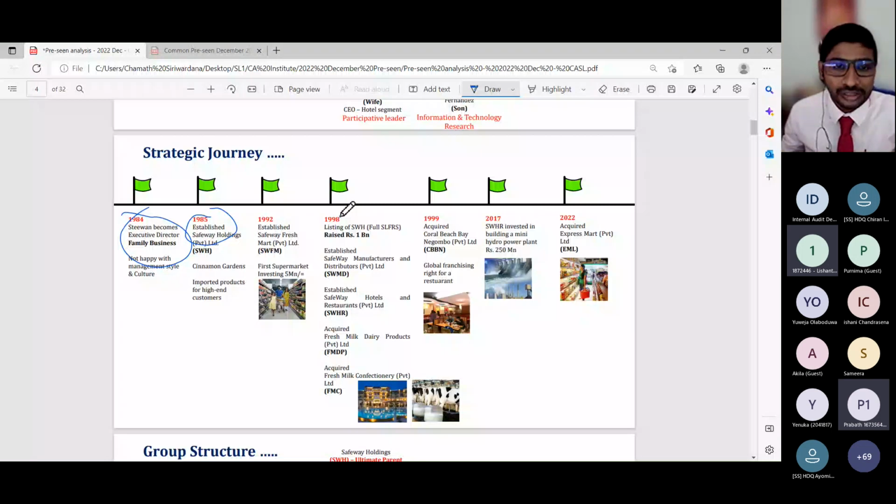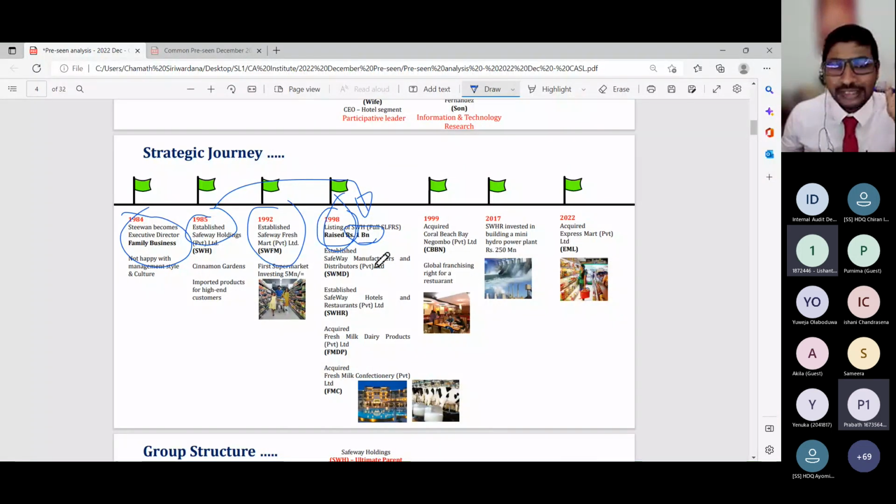With that initial share issue of 1 billion, which was oversubscribed, and in 1992 they started the supermarket chain. Now the supermarket chain is the main revenue generating segment of this group. So 1998 was one of the important years for this entire group.